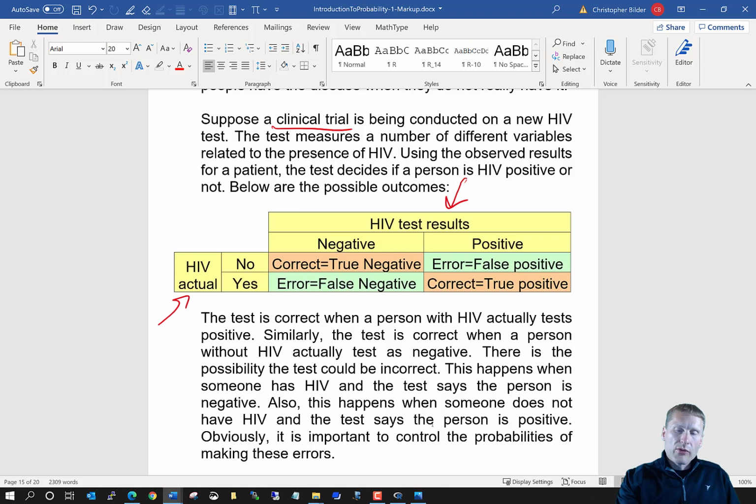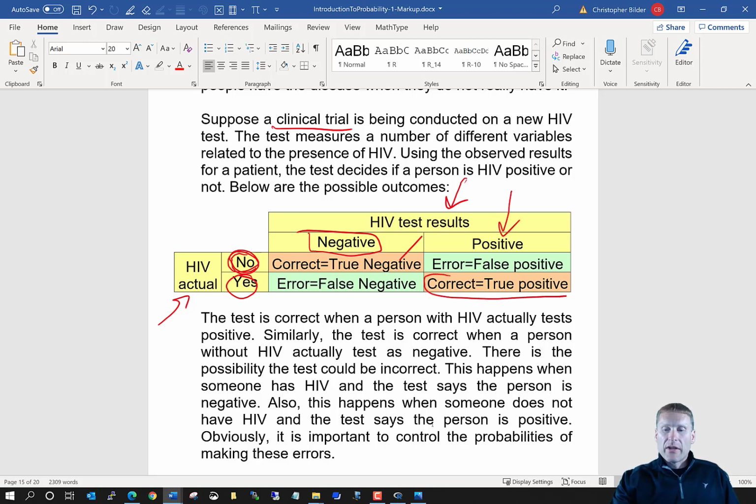On the rows, we have a way to actually determine whether someone truly has HIV, yes or no. Ideally, if the answer is no, they don't truly have it, we hope the test comes back negative, so we have a correct result. Or if a person unfortunately truly has HIV, we want that test to come back positive, and so again we have a correct response.